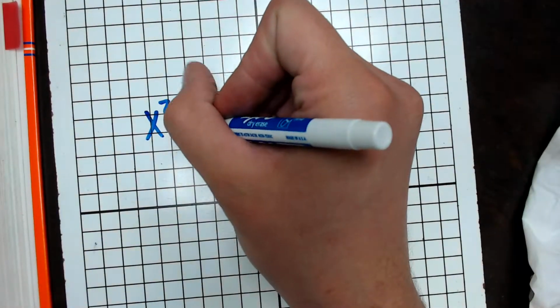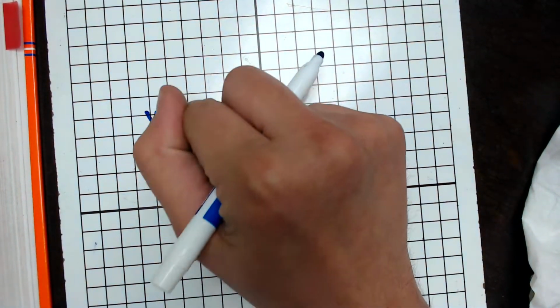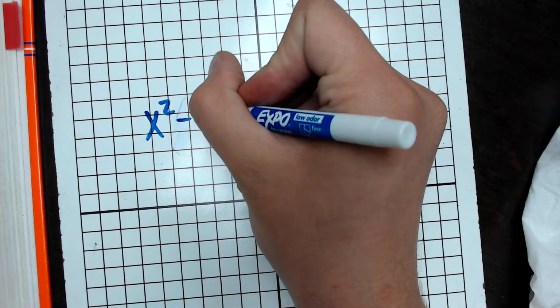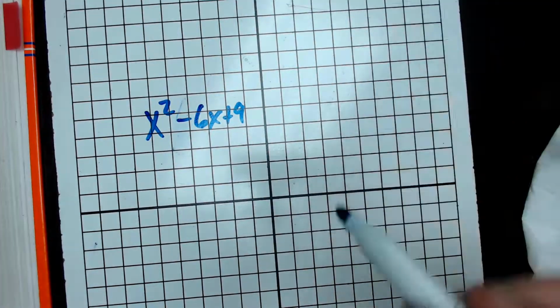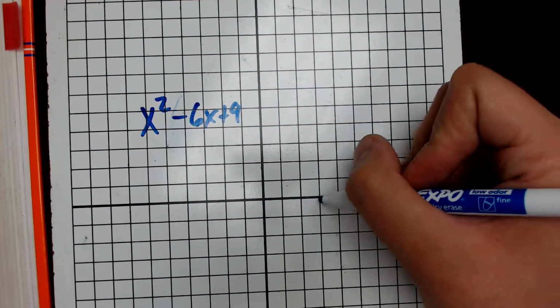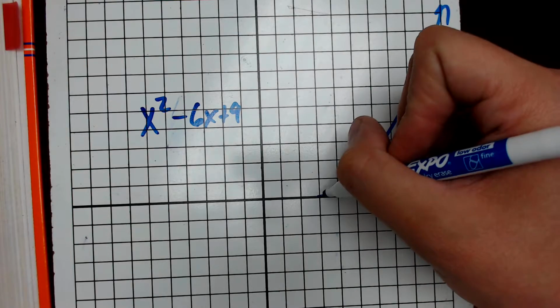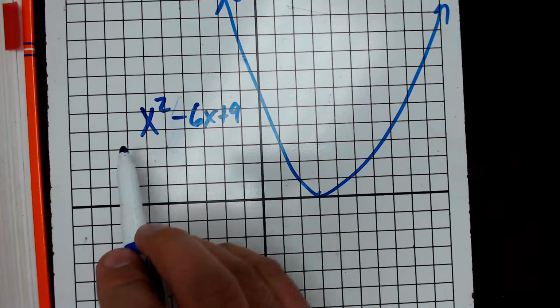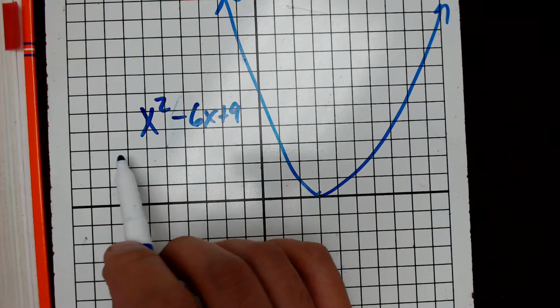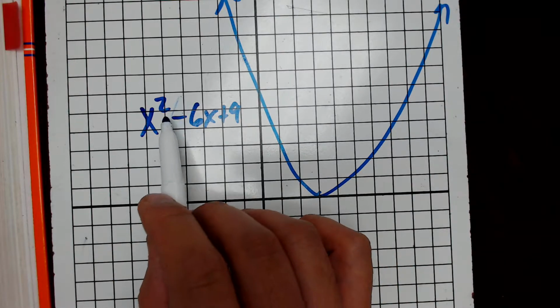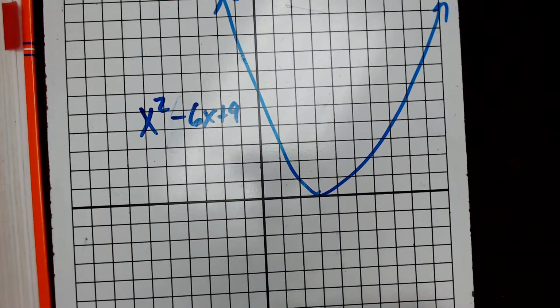Like this one, we could have x squared minus 6x plus 9. That is a quadratic function, and it would actually make a smiley face, which follows the graph of x squared. So if you have multiple variables in your function, you go with the highest exponent, and that's going to tell you what shape it makes.